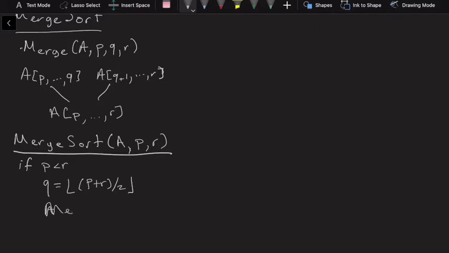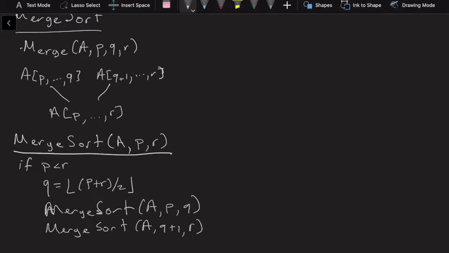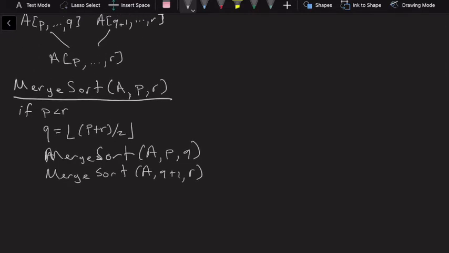So we would merge sort the first part, do a recursive call of that from P to Q, and then do another recursive call of merge sort from Q plus 1 to R. Now once we have those two calls of merge sort, we end up with two sorted subarrays, and then we just call this merge subroutine for A, P, Q, and R. And after we did these three steps, we would have a sorted array from P to R.